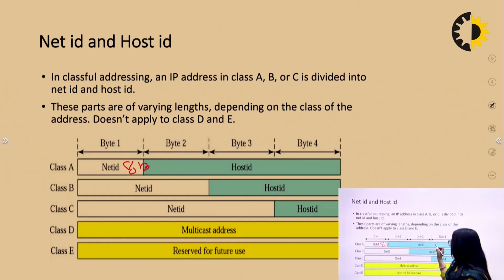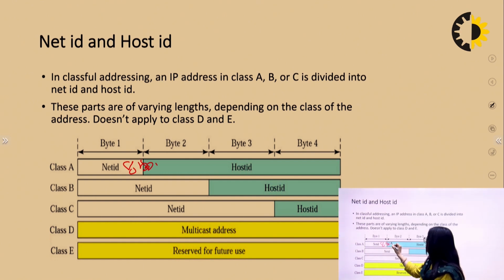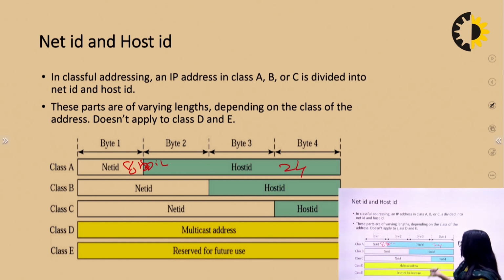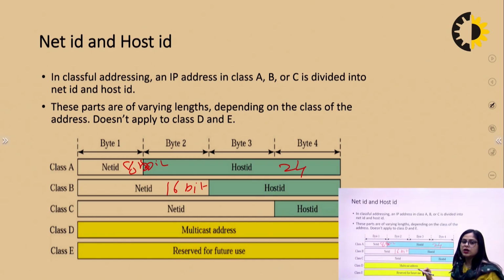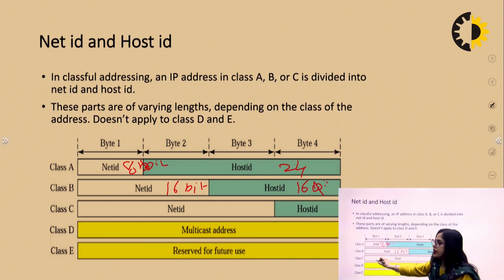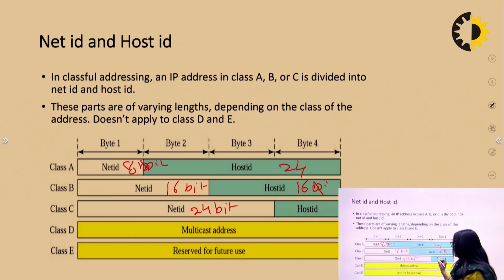Net ID for class B is 16-bit and for the host ID in class B we are using 16-bit. For class C we are using 24-bit for the net ID and for the host ID we are using 8-bit.